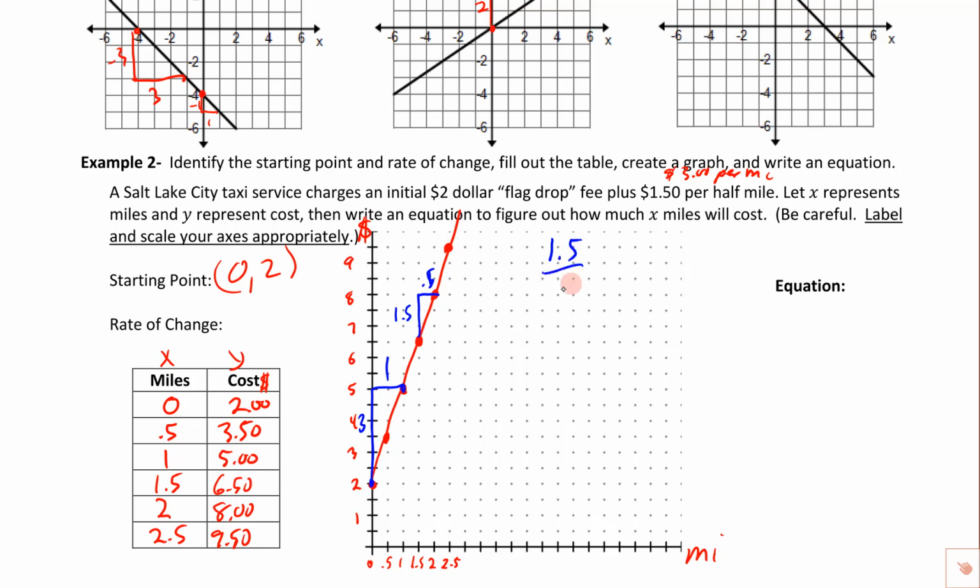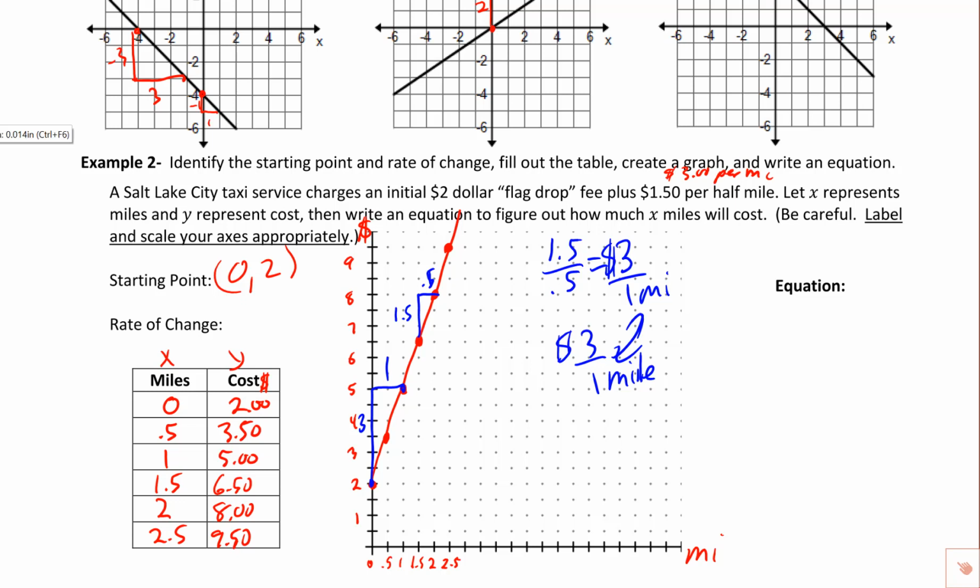So if I did 1.5 divided by 0.5, that would end up being 3 over 1. Those are the same thing. Okay, so our rate of change is 3 over 1. But remember, the vertical represents dollars, and the horizontal represents miles. So this is $3 per mile. $3 per 1 mile. And lo and behold, that kind of matches up with what we came up with before.